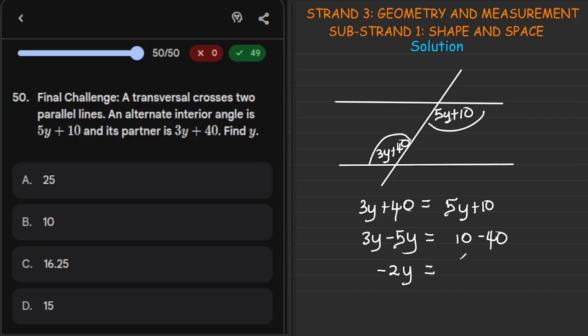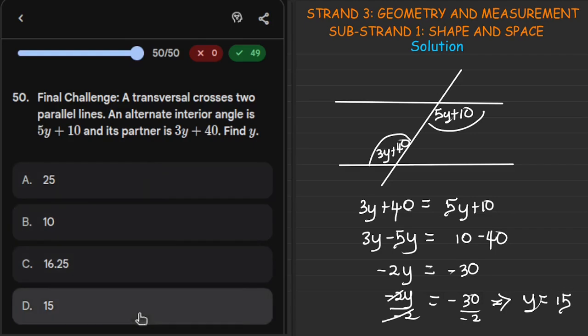We are saying that is equal to negative what? Negative 30. If we want our y, we would have to divide both sides by negative 2. So this cancels out this, and it simply implies our y is equal to what? 15. Hence, the value of y is 15.